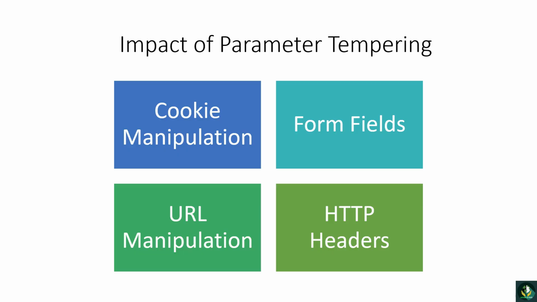Form field manipulation occurs when an attacker tries to attack the user or alter the behavior of a form by illegitimately changing the data sent to the web server.